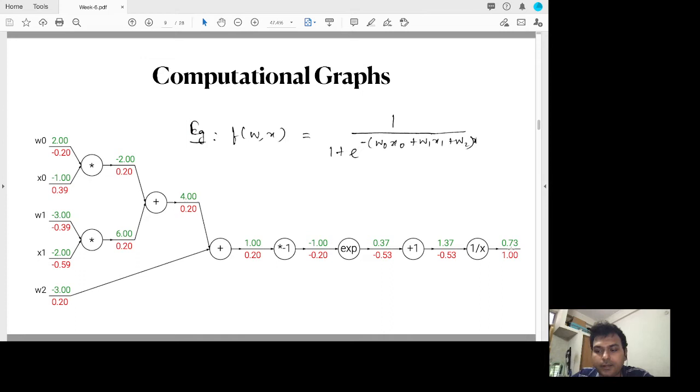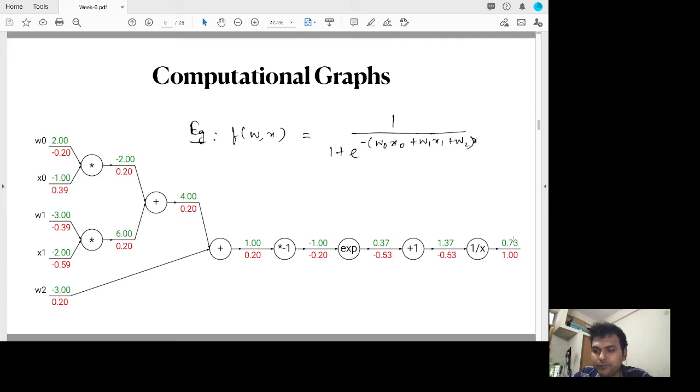Okay, so if f equal to 1 by q, then what will be dou f by dou q? Sir, what is f equal to? F is written on the screen, right? F is this function 1 by 1 plus e to the power.